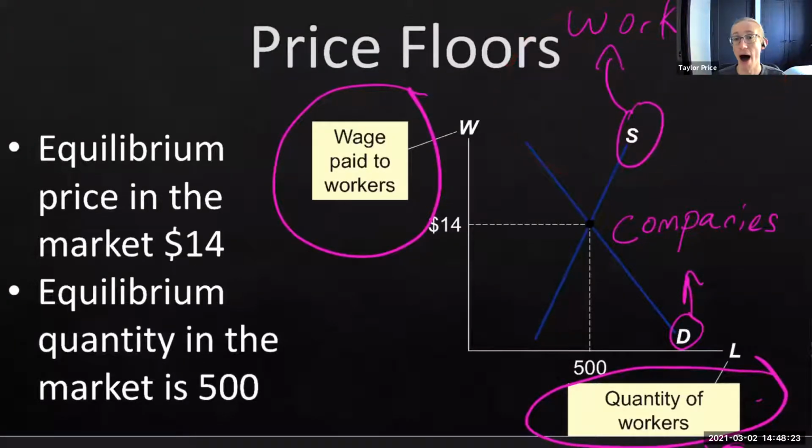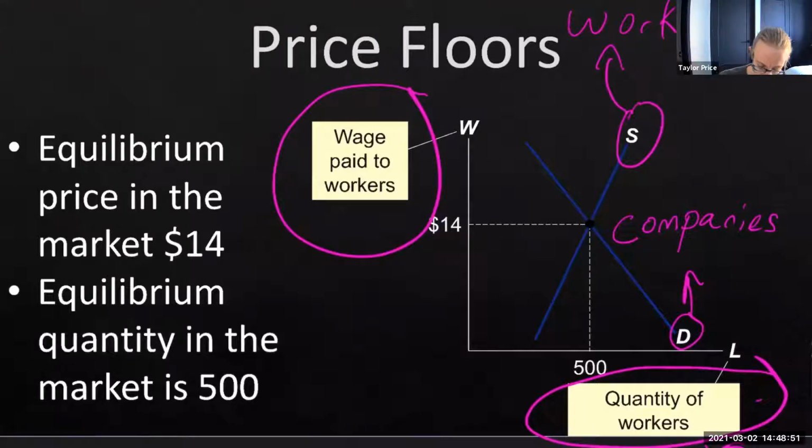So when I am in the job market, I am effectively supply, because I am looking for a job. Whereas the demand side is companies. When companies are looking for workers, they are demanding workers. So it's a little bit flipped from how we normally think of demand and supply.